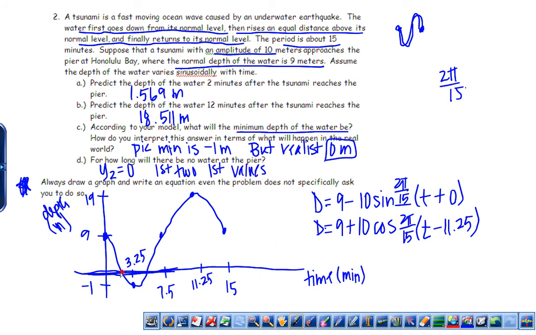Right here, let's do this one. My first positive value is going to be 2.673. My second positive value is going to be 4.327. It says for how long, so we're going to have to subtract these two values. So my answer is going to be 2.154 minutes.